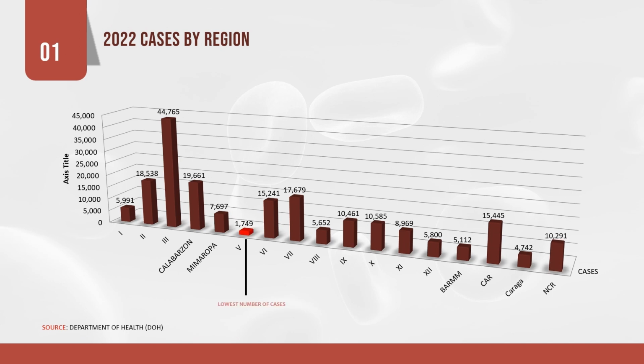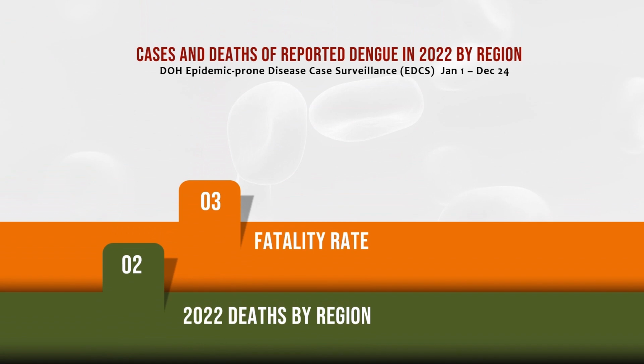As we can see, Region 5 had the lowest number of cases with only 1,700. Meanwhile, Region 3 has the highest number of cases with 44,700. Moving on to the deaths by region.